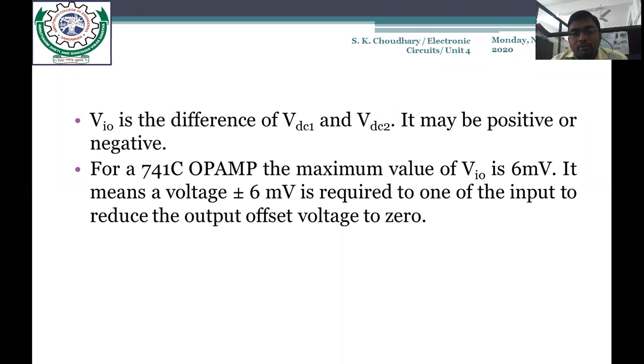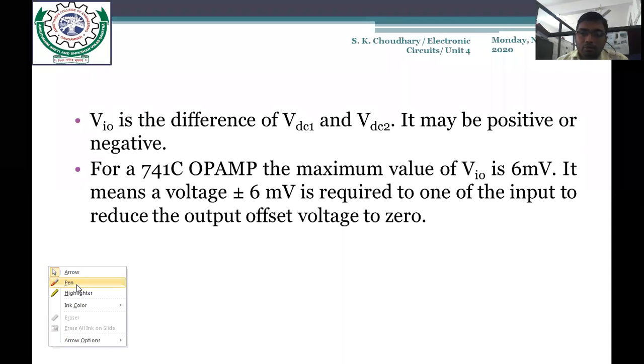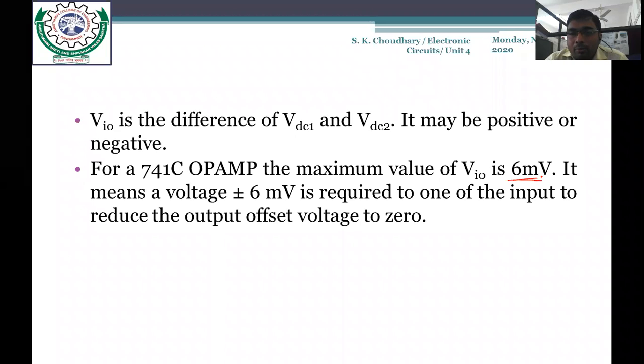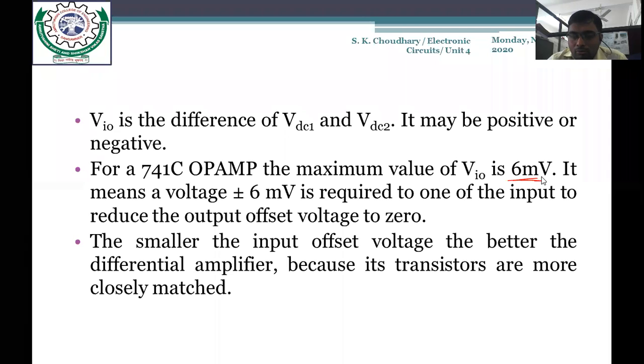So for the 741 op-amp, the maximum value of the input offset voltage is 6 millivolt. This is a very important value. We have to remember this. It means a voltage of plus minus 6 millivolt is required at one of the input terminals to reduce the output offset voltage to 0.